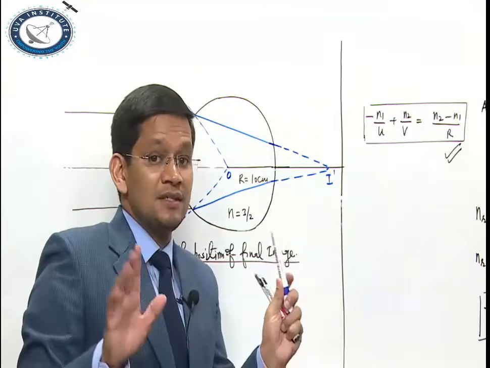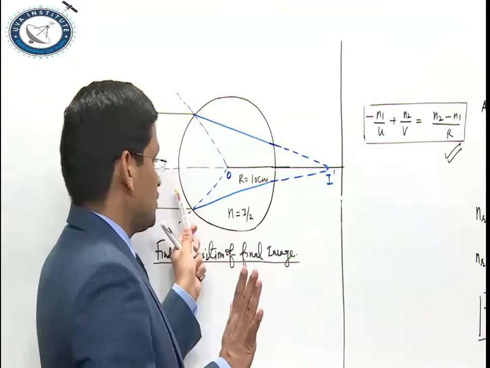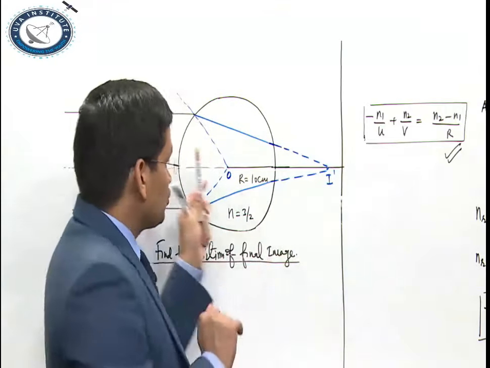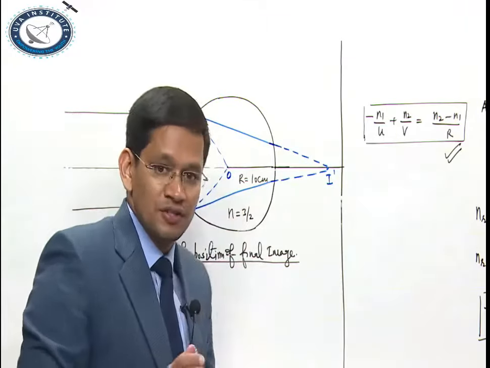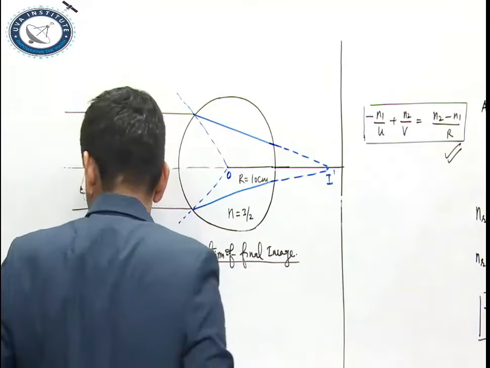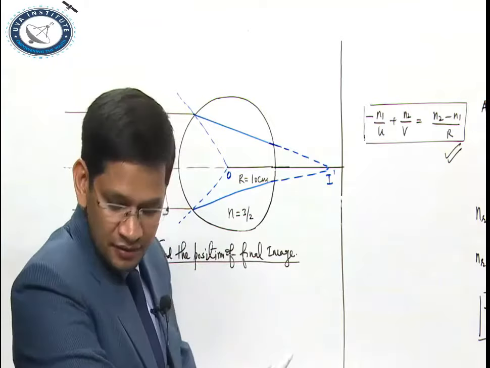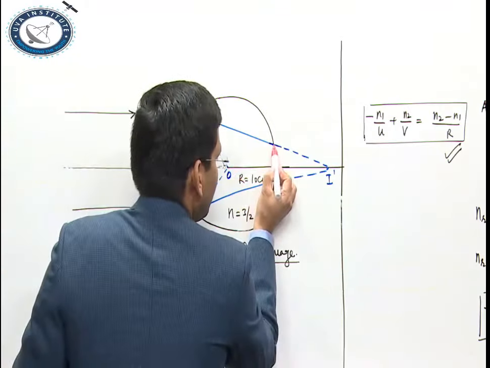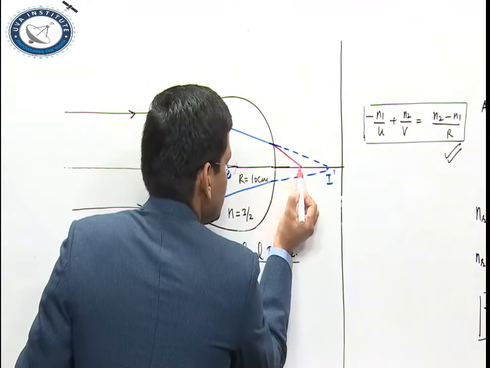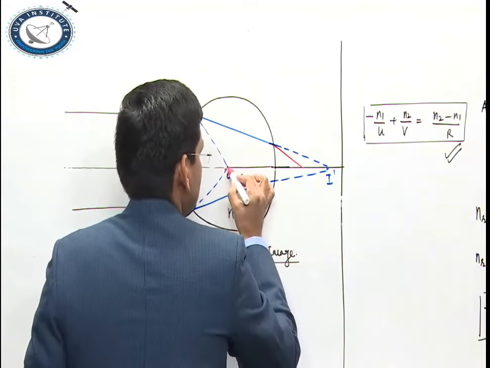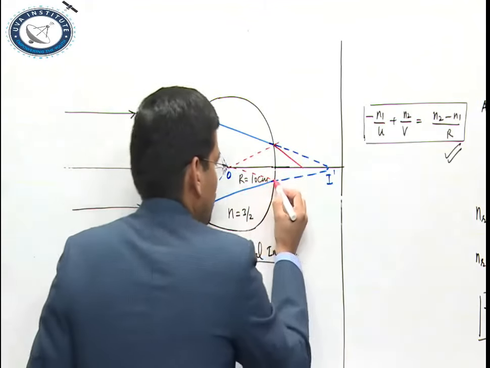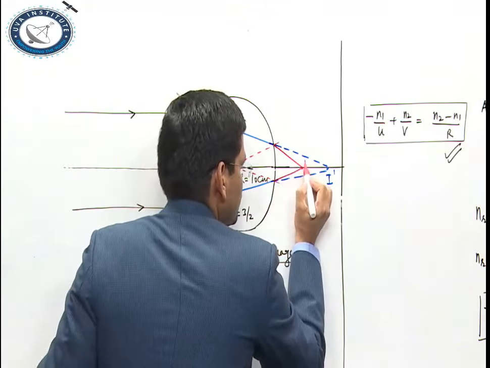But what is actually happening is that light is also undergoing refraction through the second surface, due to which it is again bending. So it will bend and form an image somewhere here, because again, if you see, this is the normal, so it will form here, and this is the image I.